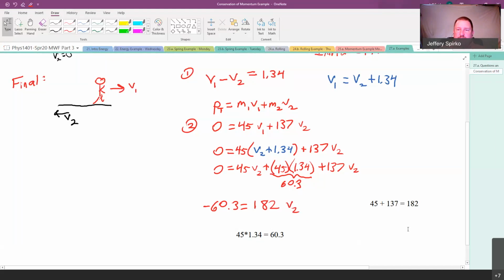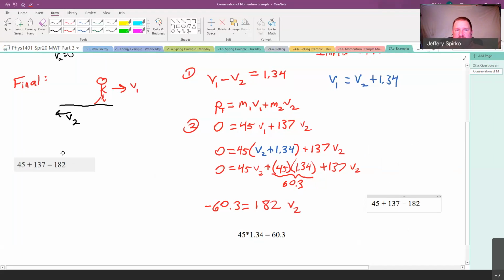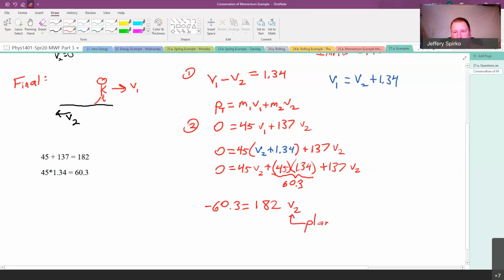So at this point, let me put that over here as scratch work. We figured out v2, that's the plank, and we can get that as a number just by dividing both sides by 182.